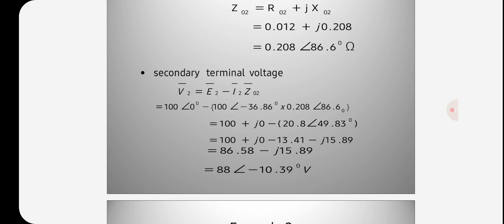So that is equal to 100 plus j of 0 minus 20.8 angle of 49.83, that is equal to 100 plus j of 0 minus 30.41 minus j of 15.89.